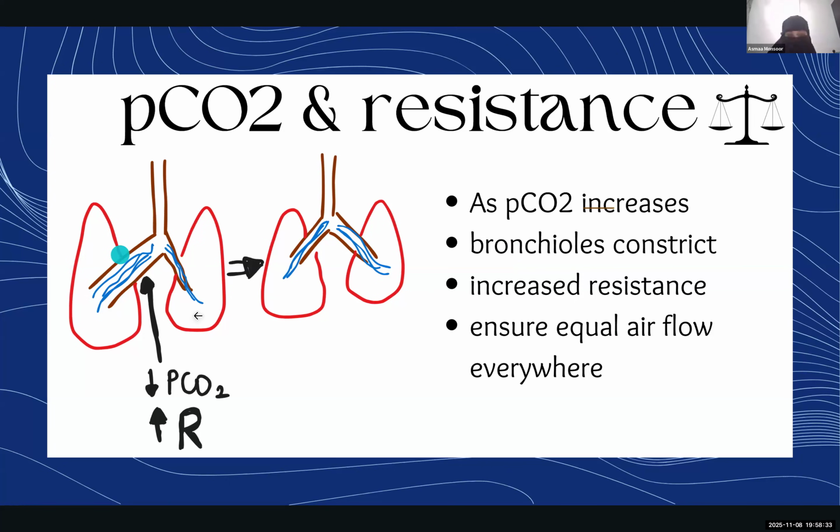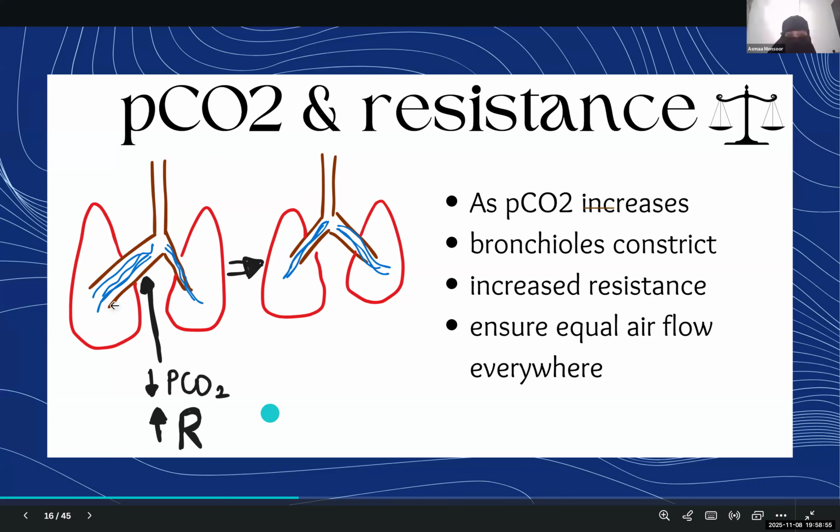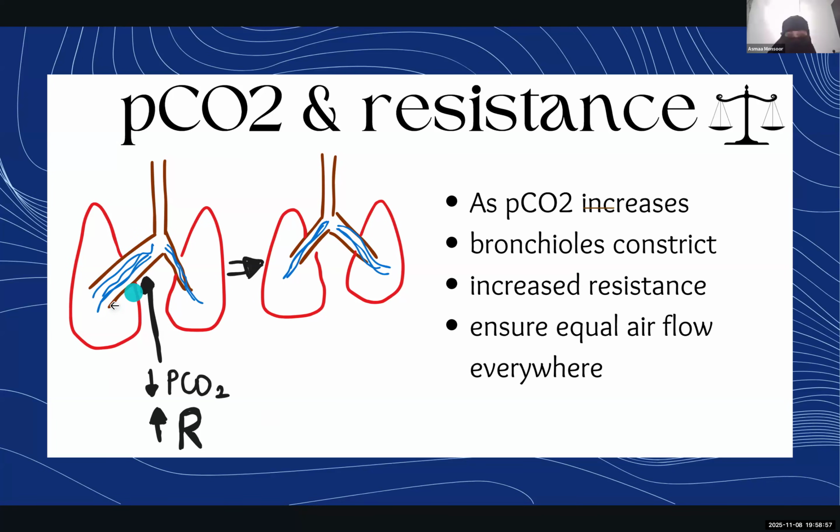Let's increase the resistance over here so that air goes somewhere else where it's actually needed, so that we can maintain an equal amount of airflow to every single part of the lung. That is why when there is decreased carbon dioxide partial pressure, you want to increase the resistance.